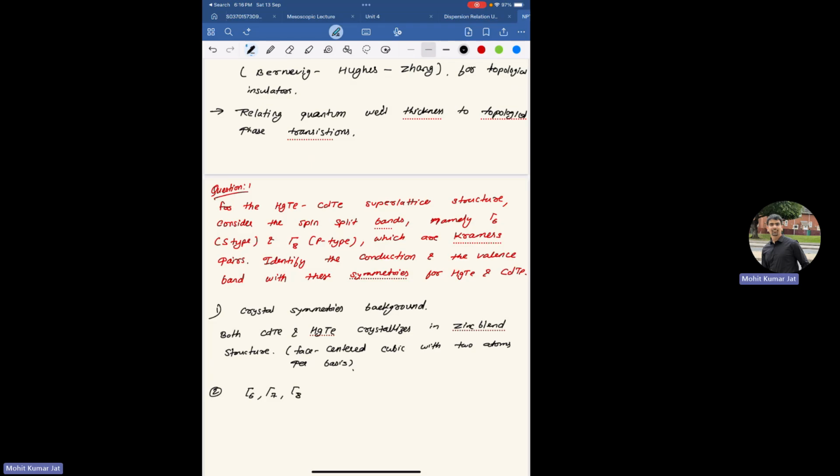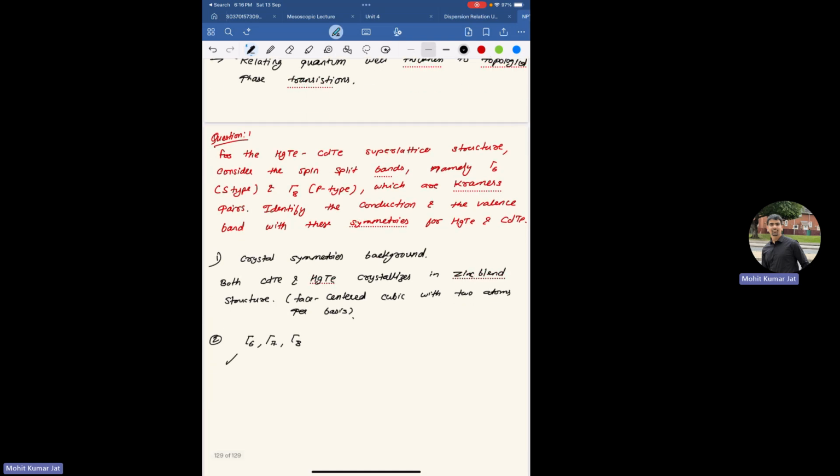These labels encode both orbital character, whether it is S-like or P-like, and total angular momentum or spin coupling.